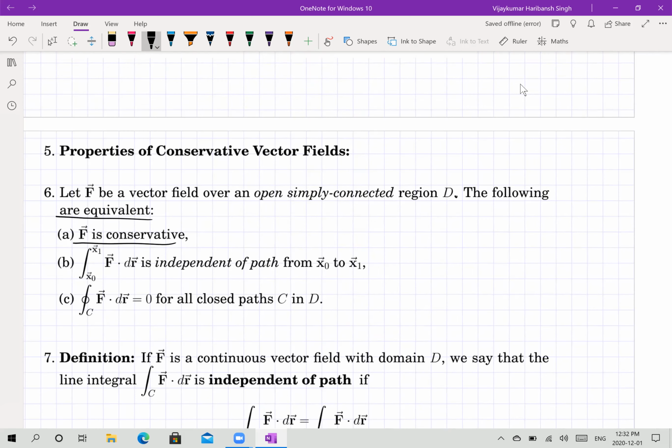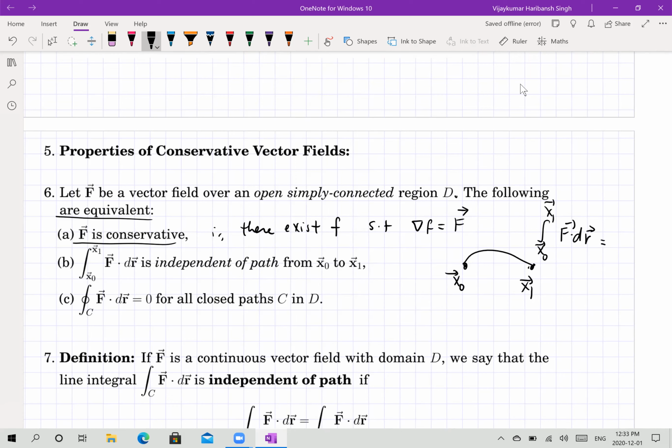One, F is conservative. That means there exists a function f such that grad of f equals F. Two, if you take any point x0 to x1 and you want to find the line integral of F dot dr, it does not depend on which path you take.